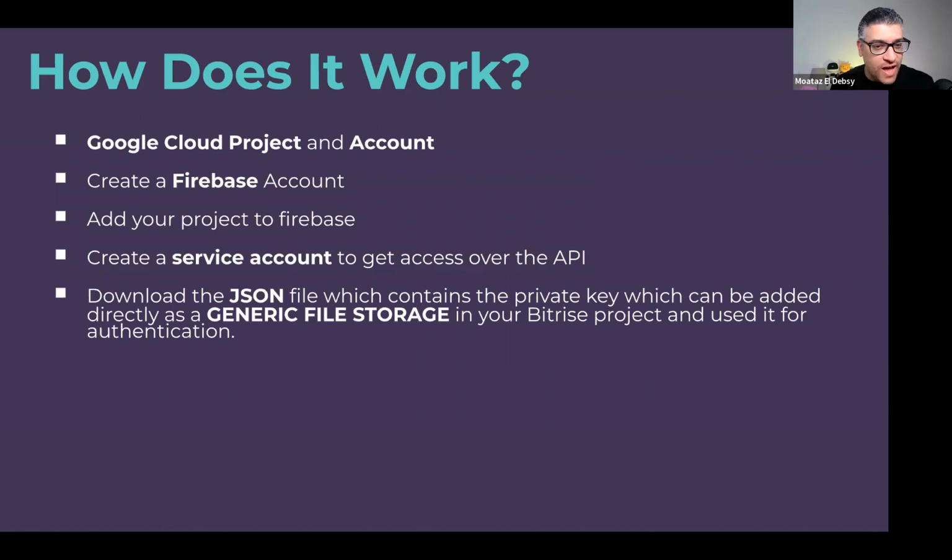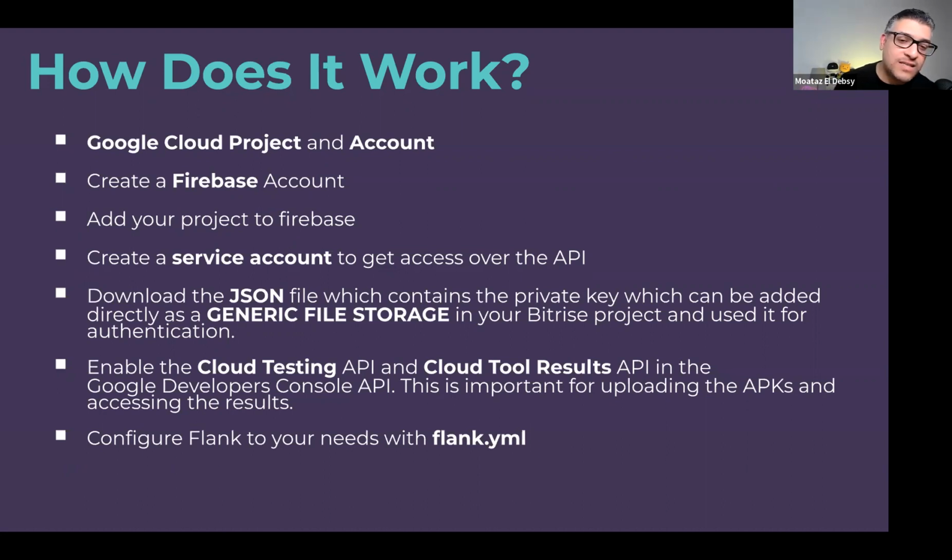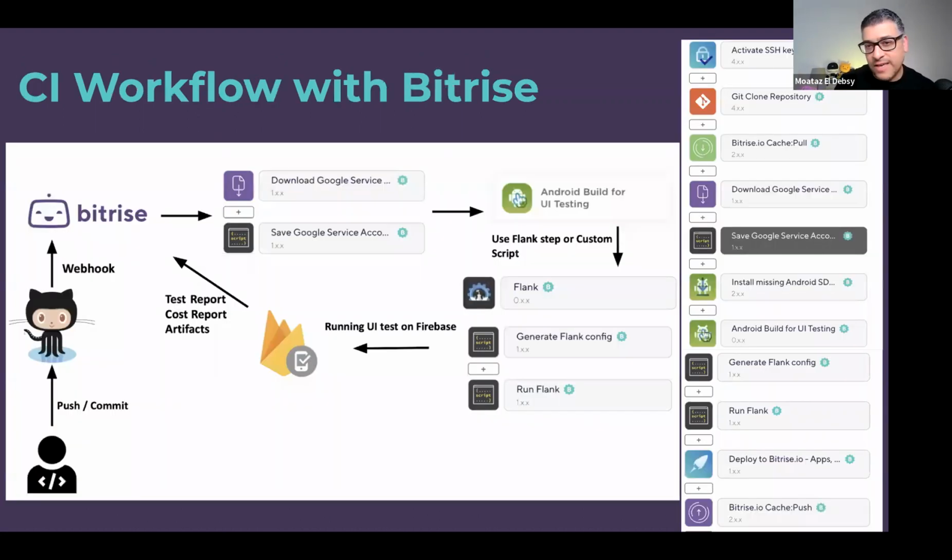Add it in a secrets environment variable, with Bitrise, for example, we call it generic file storage, which is a secret and will not be exposed in the build log. Enable 2 APIs with Google Cloud Project, cloud testing and cloud tool results, to be able to send the results to the Google bucket and connect with Firebase Test Lab. Then configure Flank to your needs with a Flank YAML file. This is the main idea.